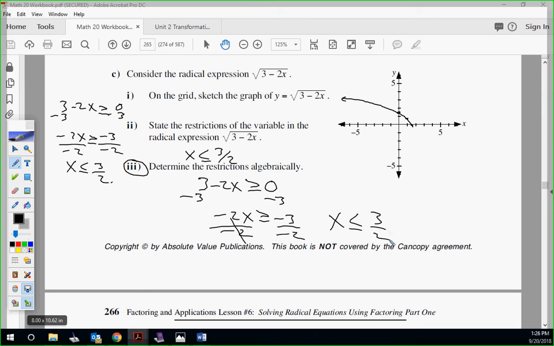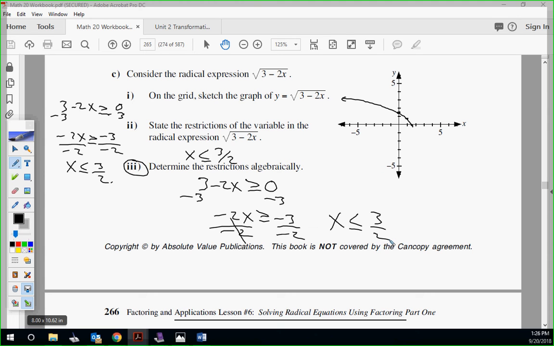Okay, Pearl, question? You know how I did the minus 3 on both sides? That's just because we're solving for x right now. It's a very good minor detail there. And you know how you did negative 3 over negative 2?